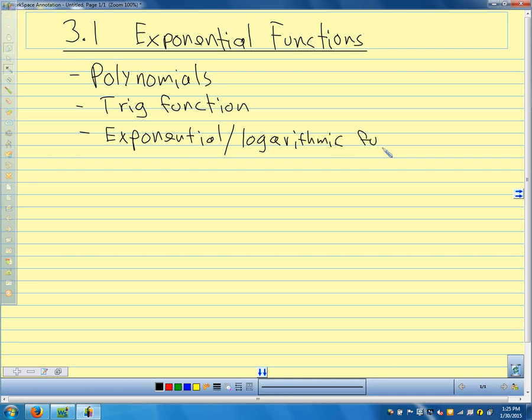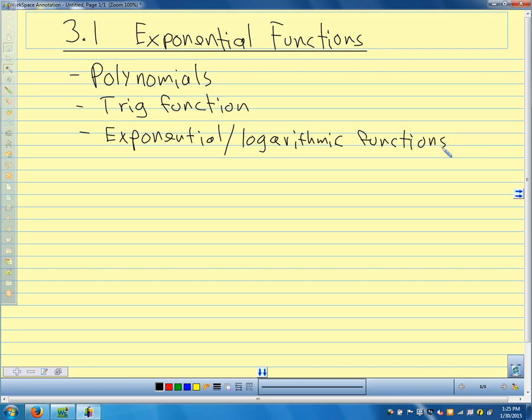These are the three basic families of functions that you'll use in 90% of all the math that you do. They are really the foundation of pretty much everything else you'll do with math.